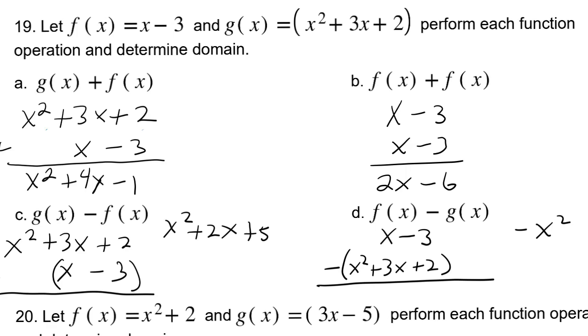I wrote this outside, so let me fix this real quick. So you have negative x squared. x minus 3x is negative 2x. And then negative 3 minus 2 is negative 5.